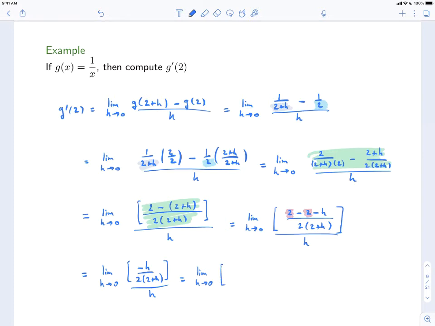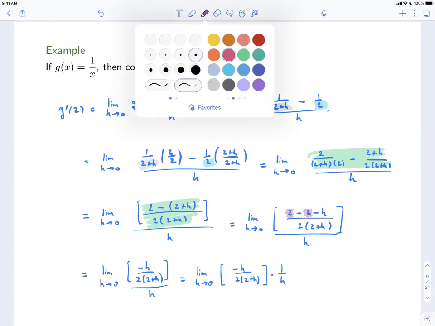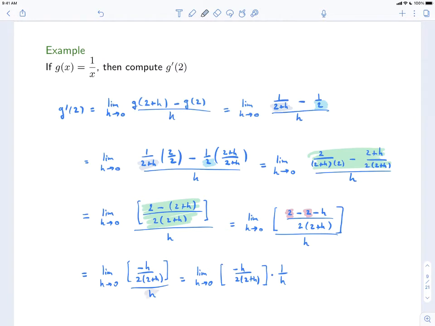So this is minus h over 2 times 2 plus h, and I'm going to multiply this by 1 over h. Dividing by h is the same as multiplying by 1 over h. And now this h cancels with that h, and we'll be left with the limit as h goes to 0 of minus 1 over 2 times 2 plus h.